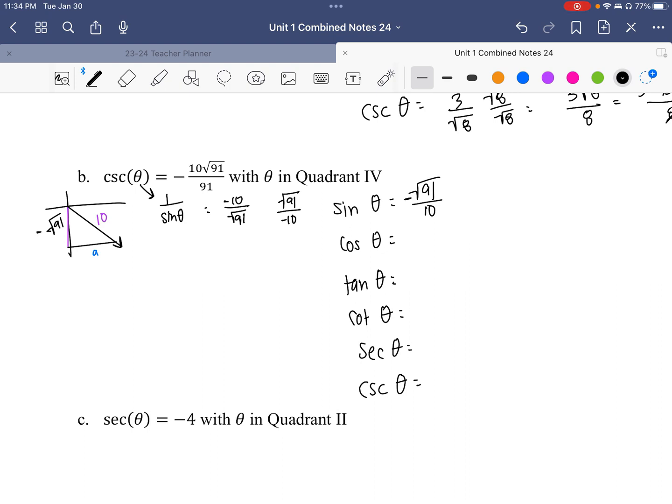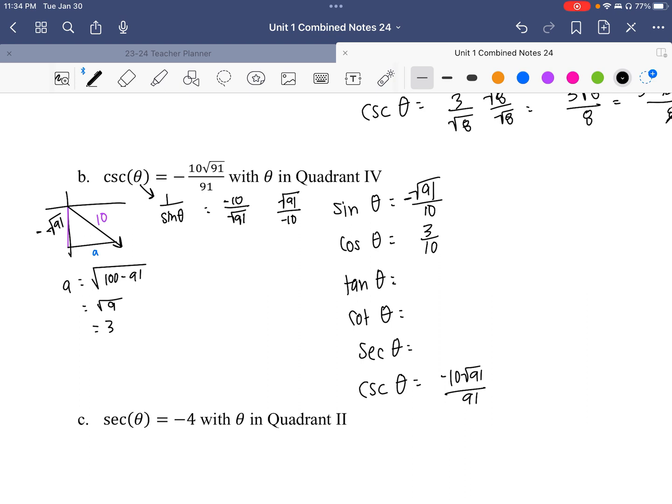Okay, so then a is actually equal to the square root of 100 minus 91, which is 9, which is 3. Okay, so then your cosine is going to be 3 over 10. And then I'm going to go ahead. We already know cosecant, right? We already were given that.